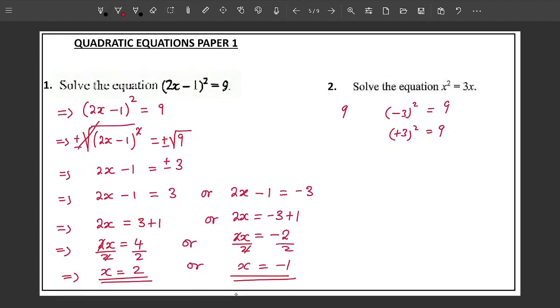Now, having done that, you can prove. It's very important to prove to see whether your answers are correct. So remember, positive or negative were put. So you see, one of the solutions is positive, the other one is negative. So you can prove to see if your answers are correct. So let's try to prove.